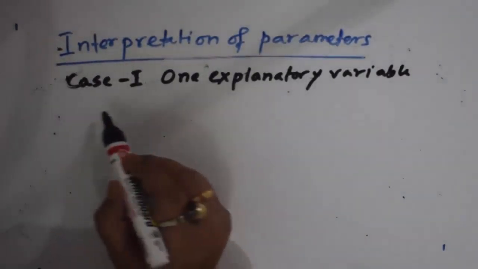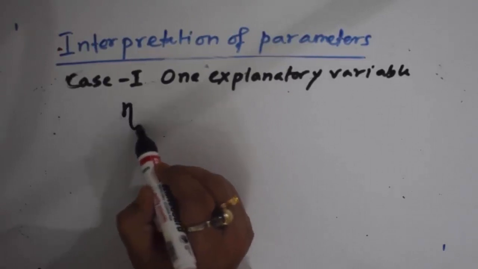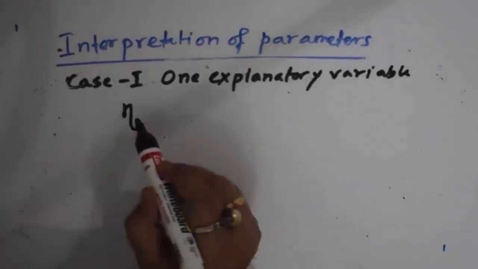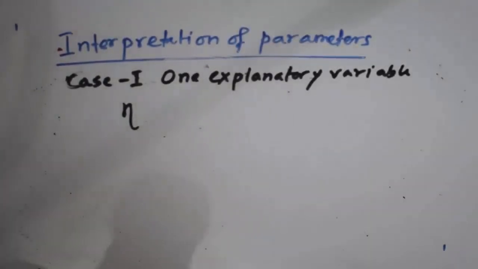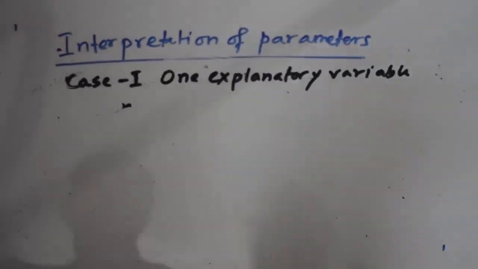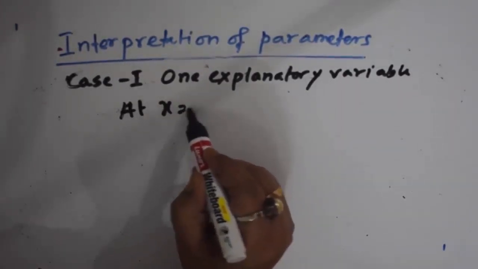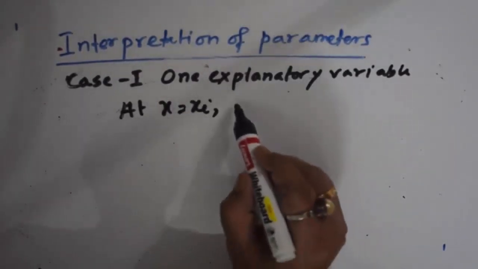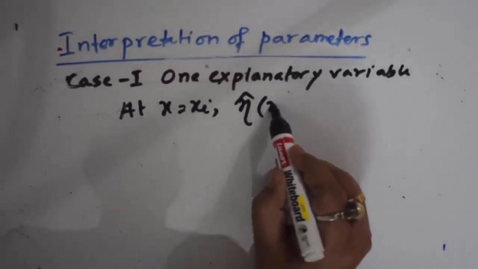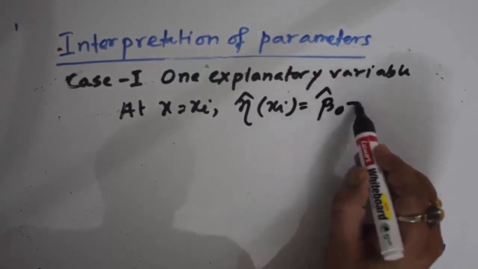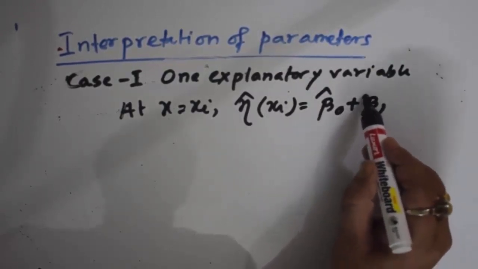At x is equal to xi, eta hat xi equals beta naught hat plus beta 1 hat xi.